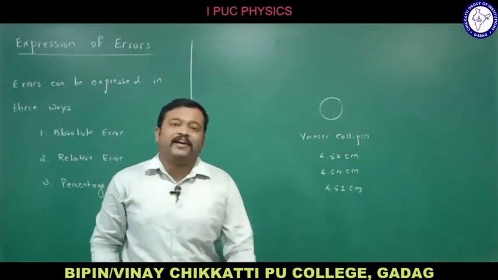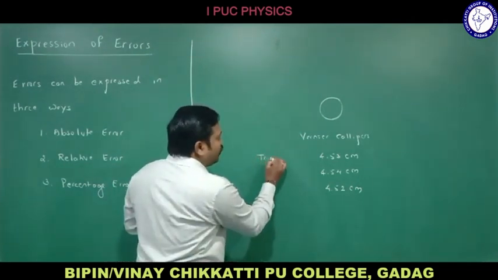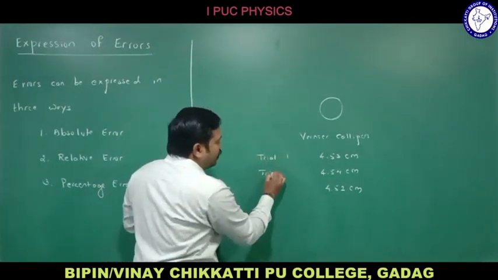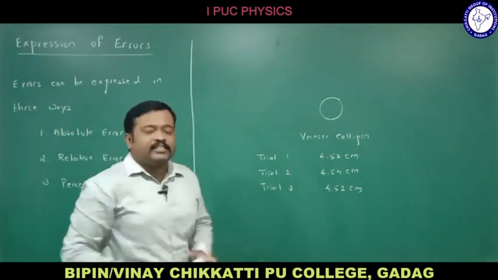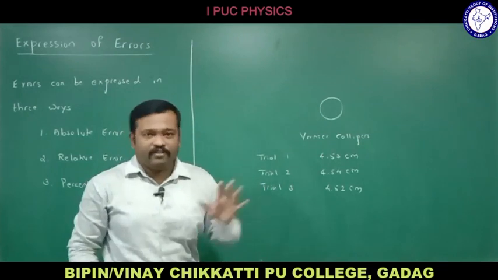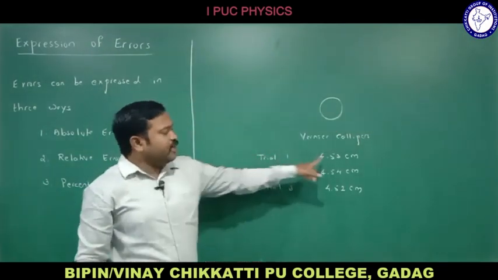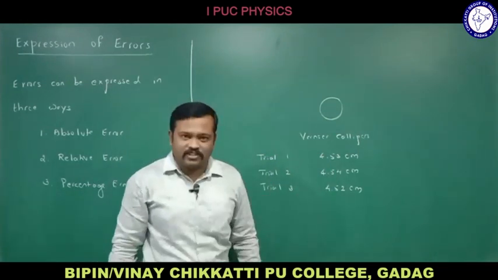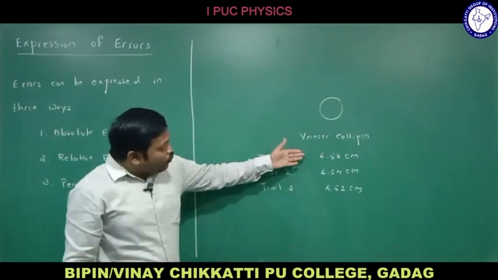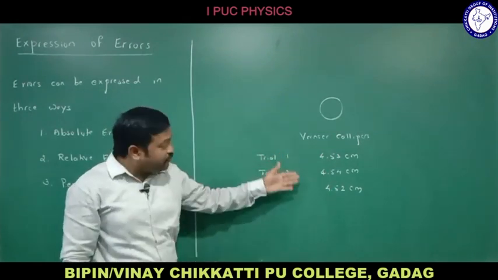Then the question arises, which reading is correct? Let me call them trial number 1, trial number 2, and trial number 3. The same experiment I have repeated, finding the diameter of the sphere. In each trial I got a different result.